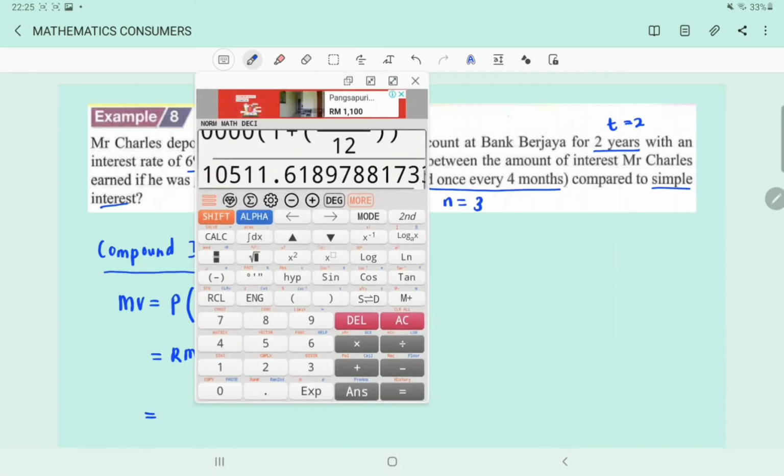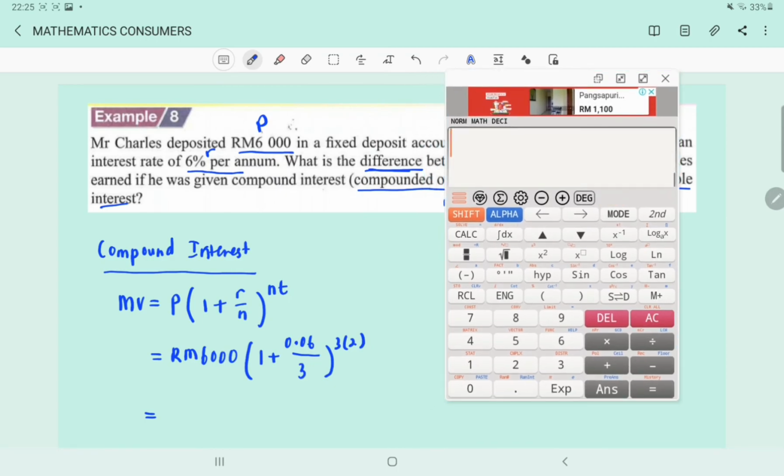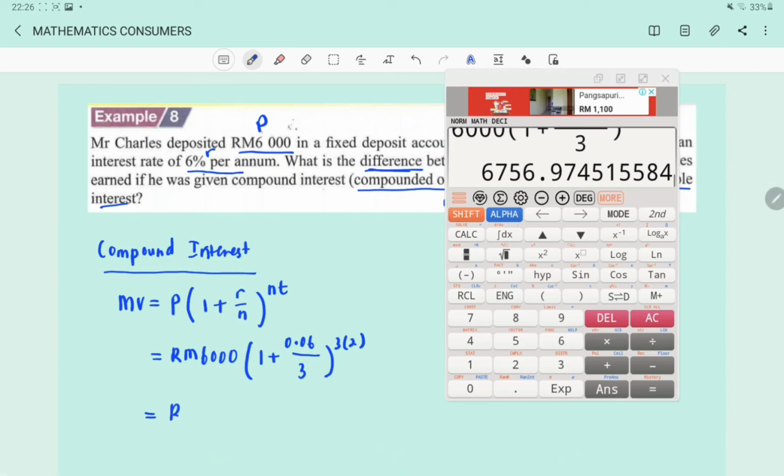Then you calculate 6,000 in bracket 1 plus 0.06 over 3, to the power of 3 times 2, which is 6. So the answer is RM 6,756.97, not 98, 97.